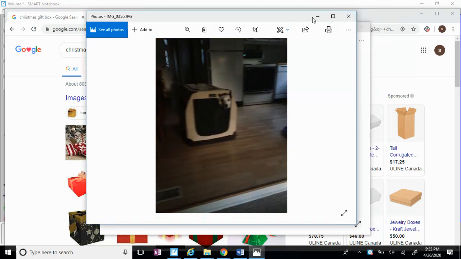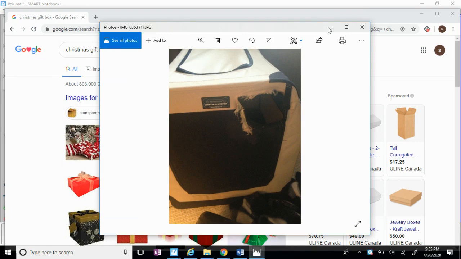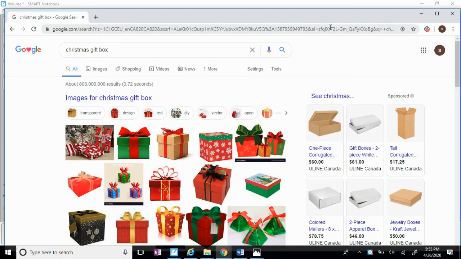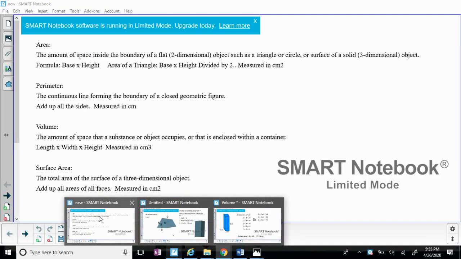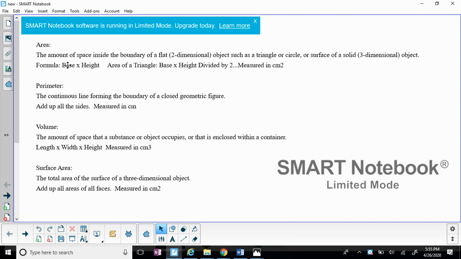So that's surface area. I know it may seem like a lot, but basically what it really is, it's area, okay? It's the area of a rectangular prism. It's just for a bunch of different faces. So once you calculate how many faces there are, all you have to do is area for each face, okay?